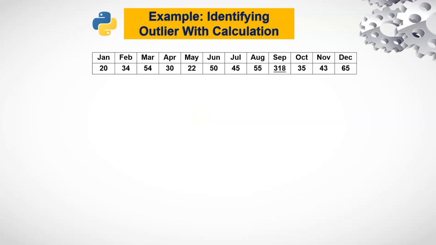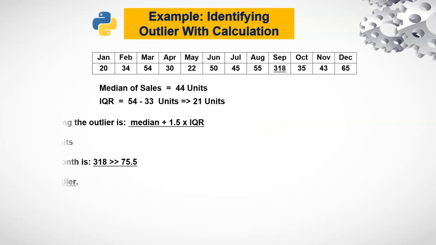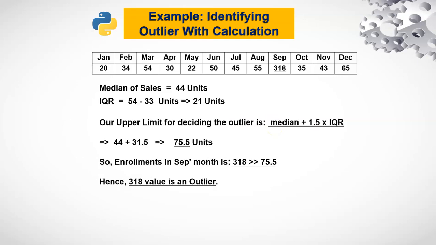Now since we have the values that we need, we will do the calculation. The median sales is 44, the interquartile range is 21. So the calculation says that the upper limit for deciding the outlier is median plus 1.5 times IQR. That is 44 plus 31.5, which is 75.5 units.